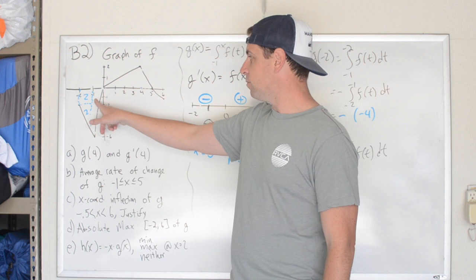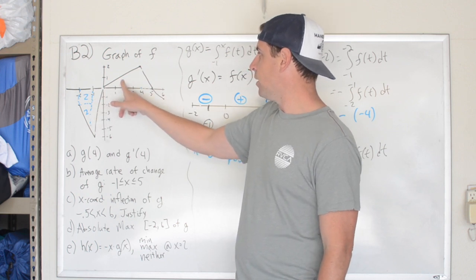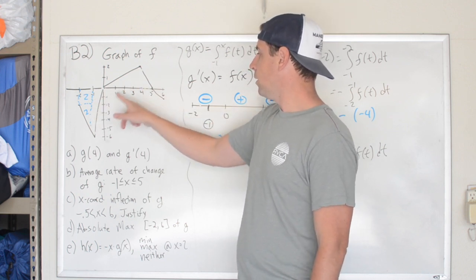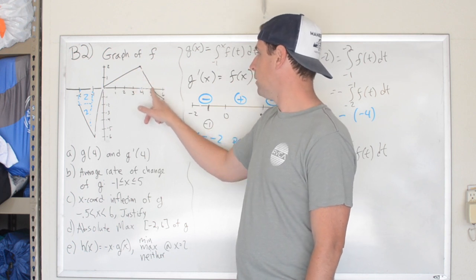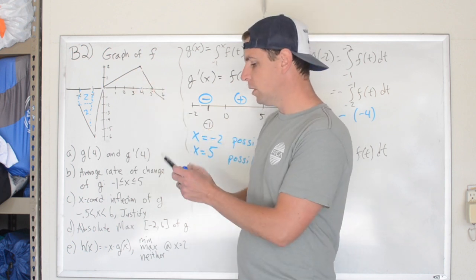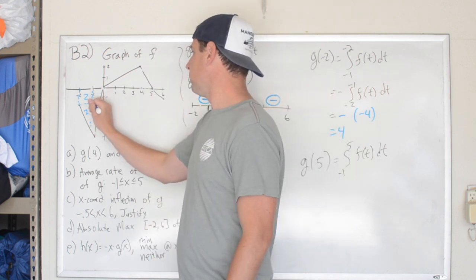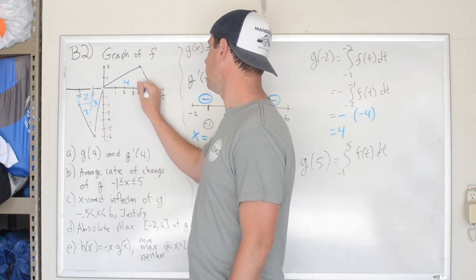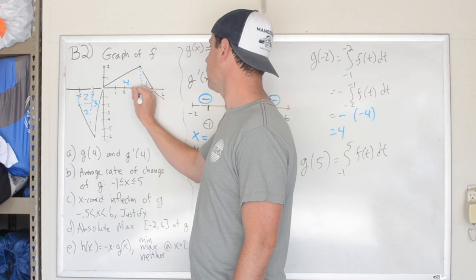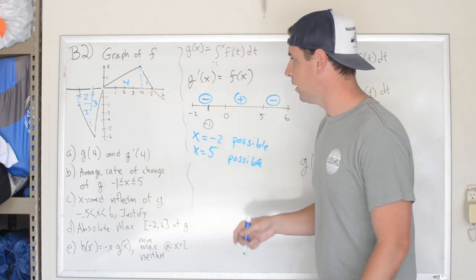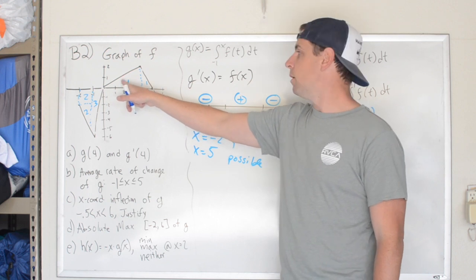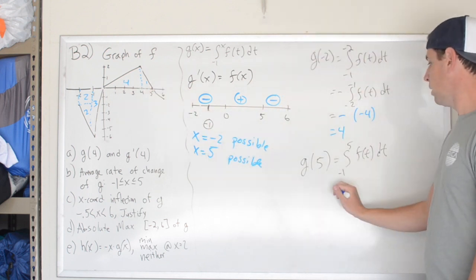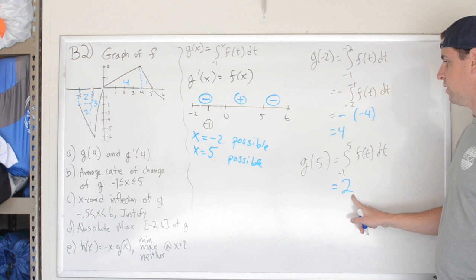We realized that this was 3, this was 4, and then this was 1 more. I could have just done one big triangle, but that's how I did it. So negative 3 plus 4 is positive 1. Positive 1 plus 1 more is 2, which is what we got earlier.